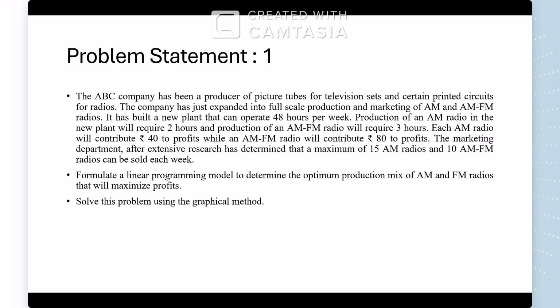So the first problem statement is the ABC company has been a producer of picture tubes for television sets and certain printed circuits for radios. The company has just expanded into full-scale production and marketing of AM and AM/FM radios.